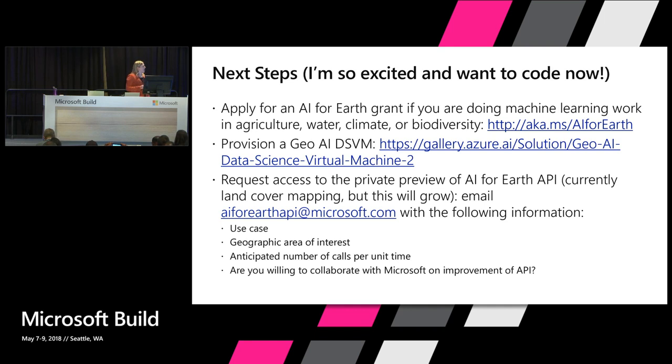Go ahead and provision a GeoAI data science virtual machine. We have that nice new, easier wizard to help you get through it, linked again there. And then feel free to request access to the private preview of our land cover mapping APIs by emailing with the following information. And we would be excited to see what you do with it.